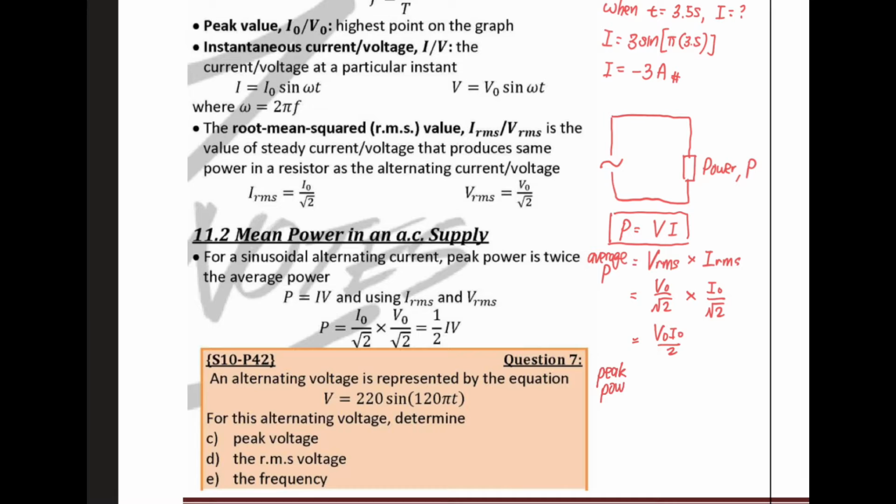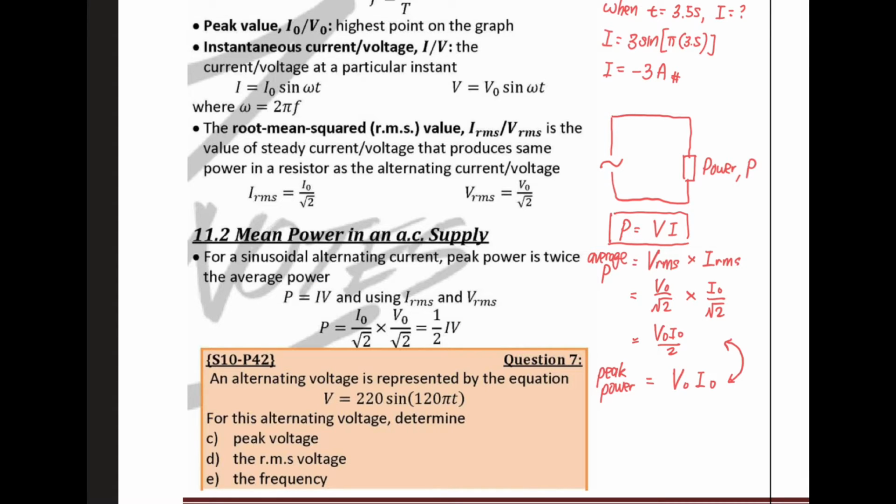To get maximum power, you take maximum voltage multiplied by maximum current, and then you will get peak power. If you compare these two, you will realize peak power is double the average power. That's why we have this statement here: peak power is twice the average power, as you can see here and here.